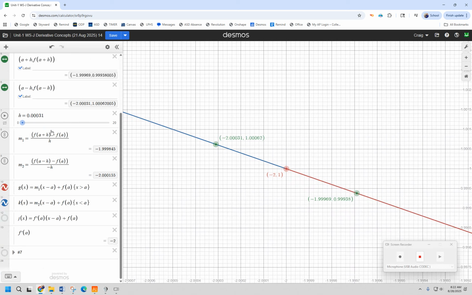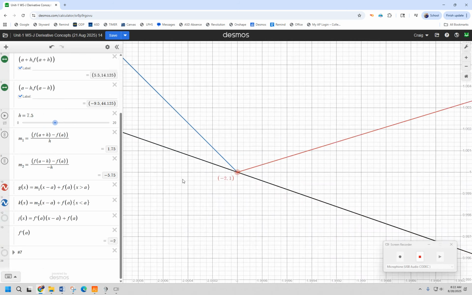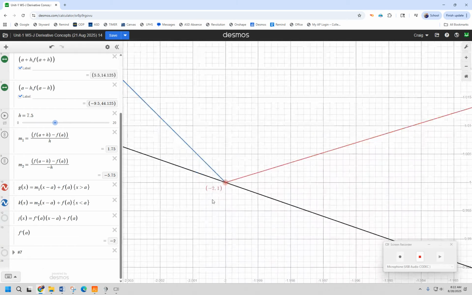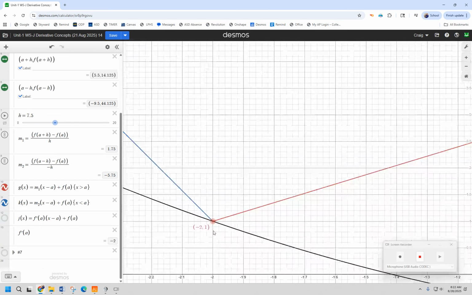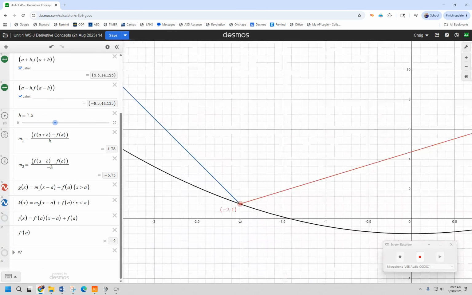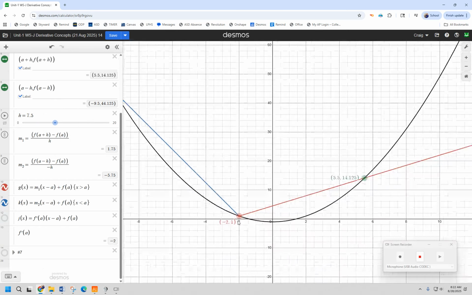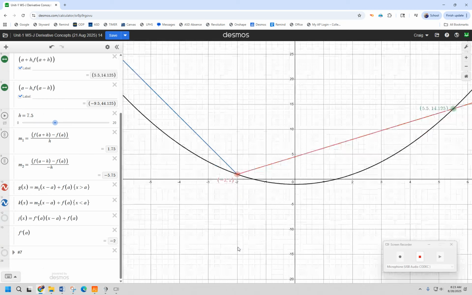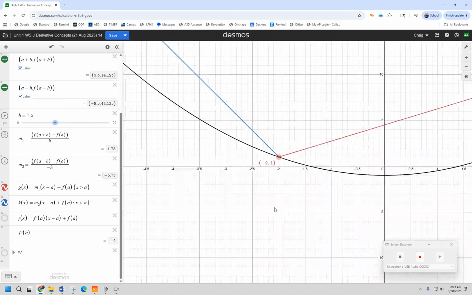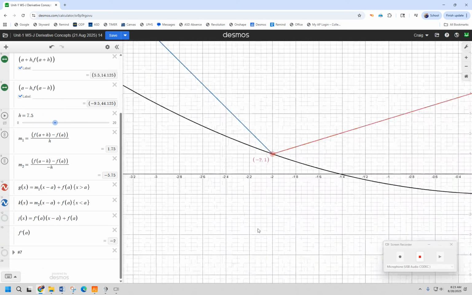So if we zoom back out, and we move the point, think about it this way. When we zoomed in, those two secant lines became what's known as a tangent line.